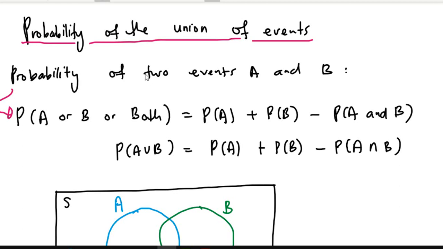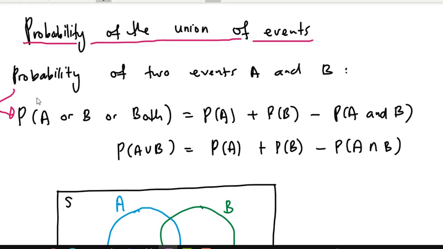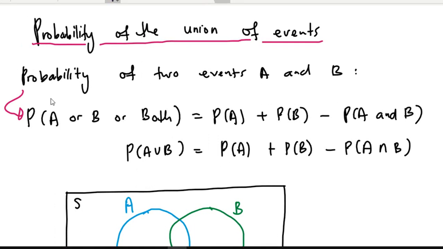The probability of two events, specifically A and B, can be calculated using the addition rule: the probability of A or B or both is equal to the probability of A plus the probability of B minus the probability of A and B. This can be simplified as P(A union B) equals P(A) plus P(B) minus P(A intersect B).